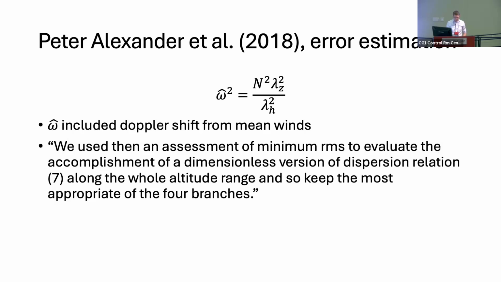One thing I really like about their paper is that they proposed a way to evaluate their fit. This paragraph quote at the bottom is the only thing they say in the paper, so I have a hard time reproducing it, but I think what they're doing is they look at the different solutions they come up with, because they get branching solutions, and they see which solution most closely matches the dispersion relation for gravity waves. I love that idea.